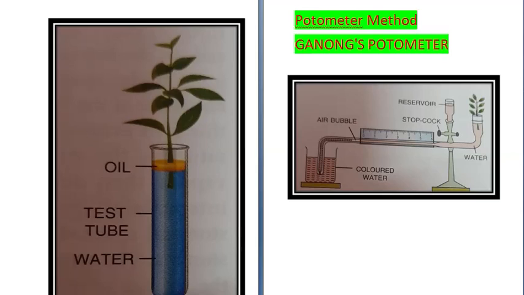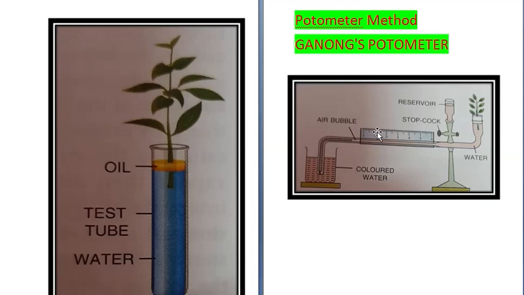Potometer is an instrument for measuring water intake, and the potometer most commonly used is called Ganong's potometer. In this, a twig of some suitable plant is cut obliquely with a sharp knife and fit into the apparatus over here. An air bubble is introduced into this. The beaker contains colored water. How can you introduce the air bubble? Just lift up this part of the test tube from the beaker for a second, and then put it back into water.